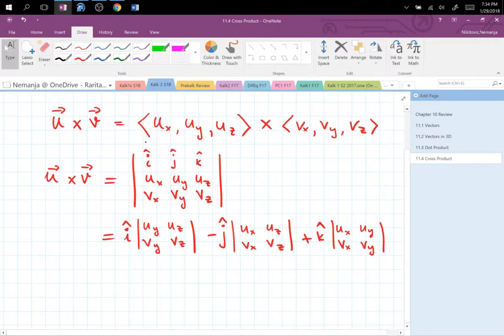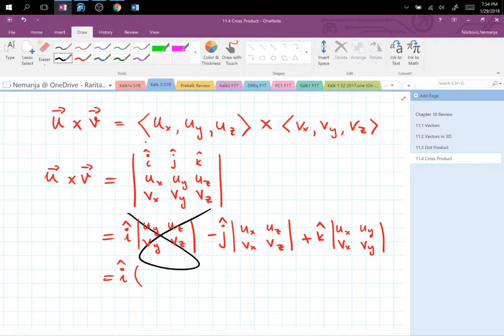Now we need to compute each one of these. 2 by 2 determinants should not be that much of an issue. If you haven't seen this before, this is the fastest way to remember it. You multiply uy by vz, and then subtract vy uz.